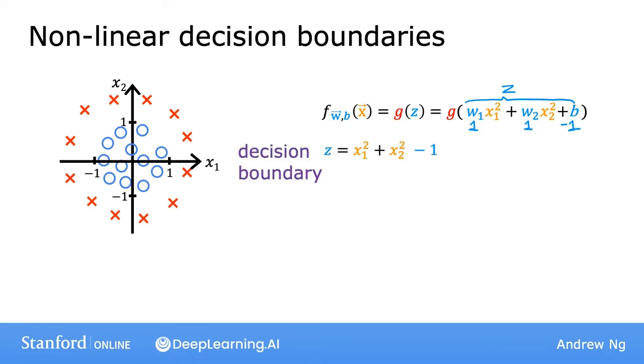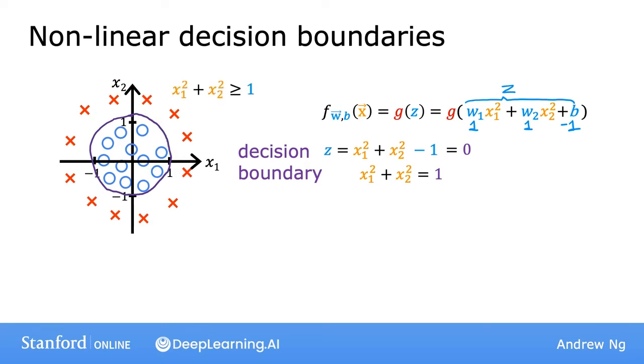And the decision boundary, as before, will correspond to when z is equal to 0. So this expression will be equal to 0 when x1 squared plus x2 squared is equal to 1. If you plot on the diagram on the left the curve corresponding to x1 squared plus x2 squared equals 1, this turns out to be this circle.